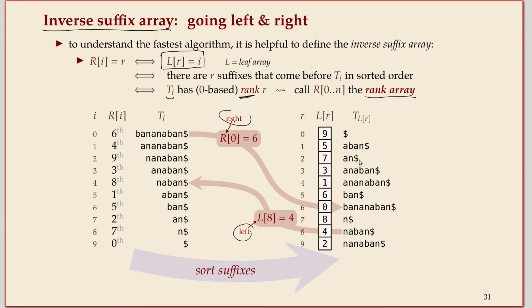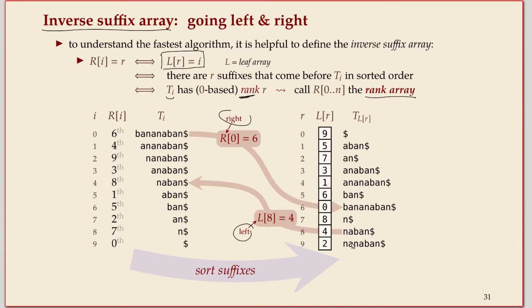So 7, which is the string an, because 7 is here an. That's the string of rank 2 in the sorted order. So here are the ranks 0, 1 up to 9. That's the order of the sorted suffixes.